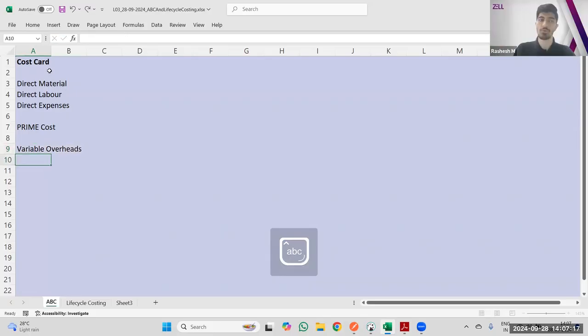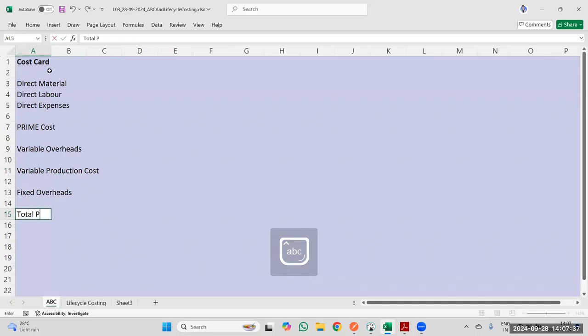First, we deal with variable overheads, and we deal with fixed overheads later. Accordingly, prime cost plus variable overheads becomes our variable production cost. And after adding fixed overheads, we get our total production cost.